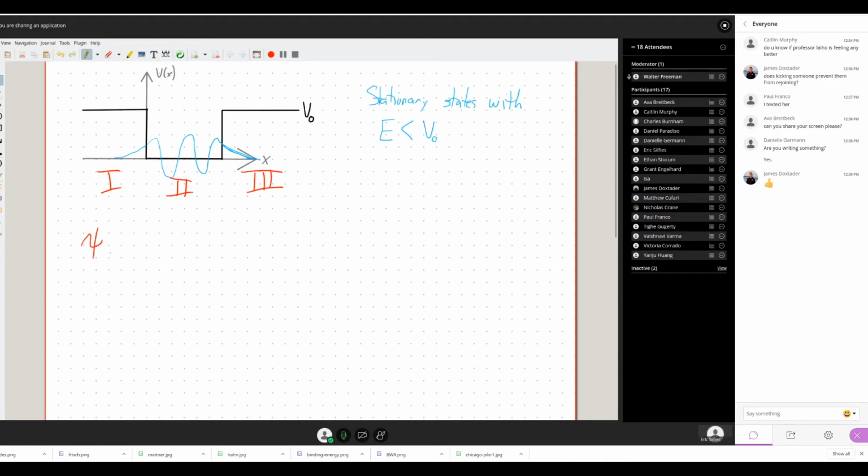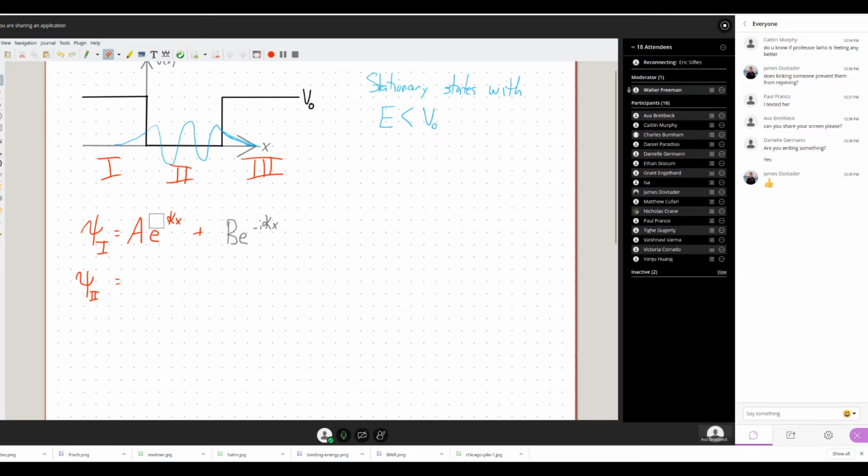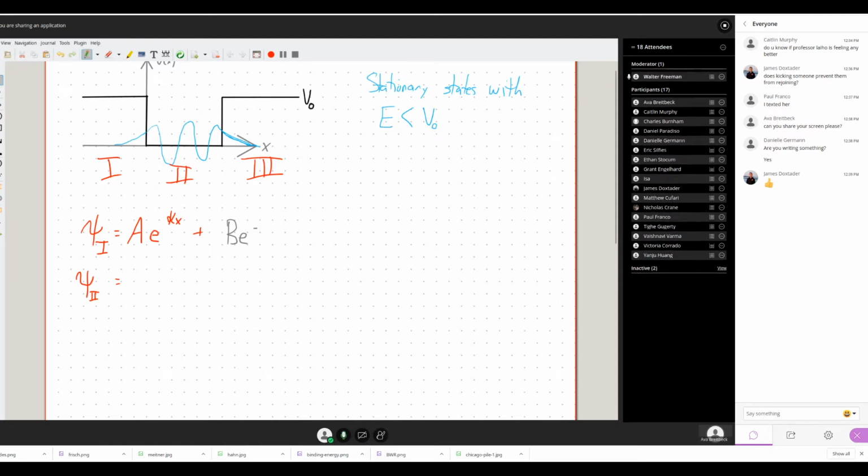So psi 1 is A e to the i kappa x, and there could be a term B e to the minus i kappa x, but no i. These are the exponentially growing and decaying ones.